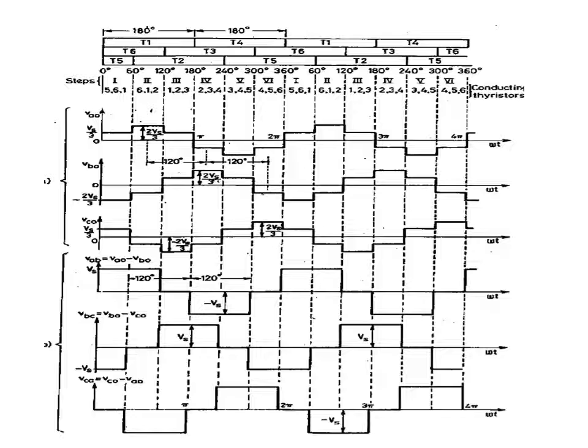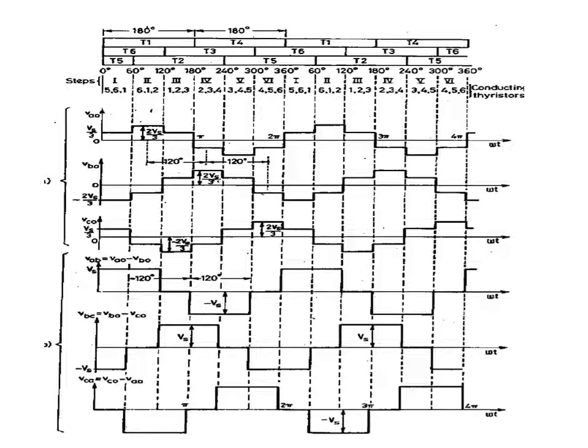That is, the upper group thyristor T1 conducts for 180-degree, thyristor T4 for the next 180-degree, and then again thyristor T1 for 180-degree, and so on.